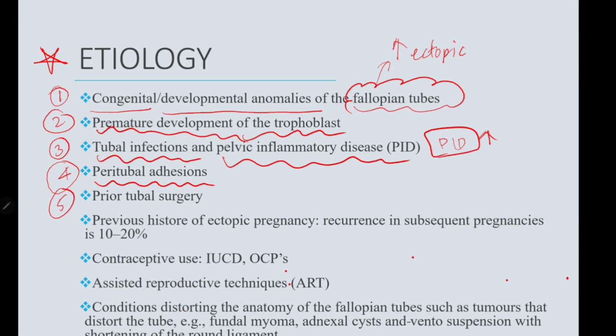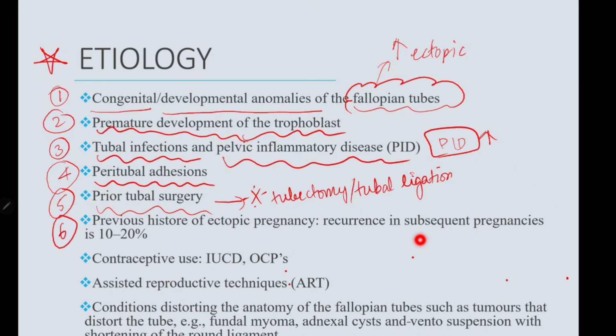Then the next one, prior tubal surgery, is another important high risk factor for developing ectopic pregnancy. Any tubal surgery which is previously performed, say tubectomy or tubal ligation or any other surgery, okay? So any tubal surgery is going to be a risk factor for ectopic pregnancy.